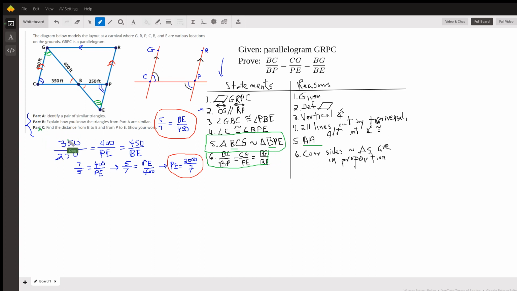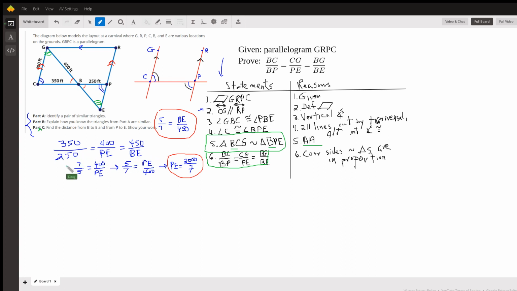Okay, so BC, which is 350 feet, is to BP, 250 feet, as CG, 400, is to PE, which is what we don't know, as 450, that's the BG, is to BE.